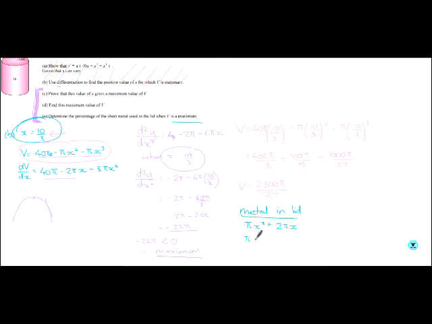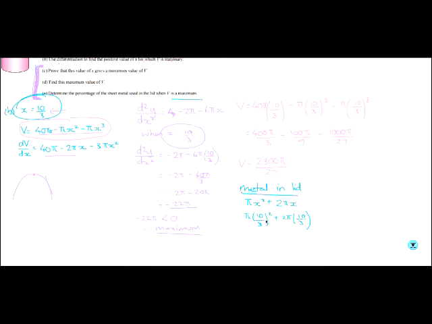So we're going to have pi lots of 10 over 3 squared plus 2 pi lots of 10 over 3. Just drop this down a tad. There you go. So that's going to be 100 pi over 9, that's right, 100 pi over 9 minus 20 pi over 3.